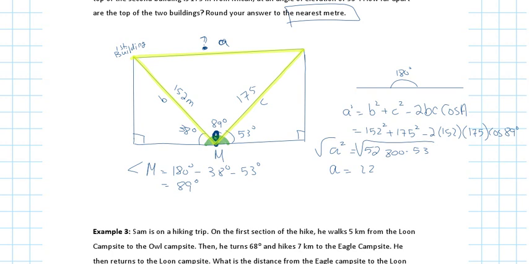And then in meters, so that means the top of the two buildings are 230 meters apart. Questions about this?